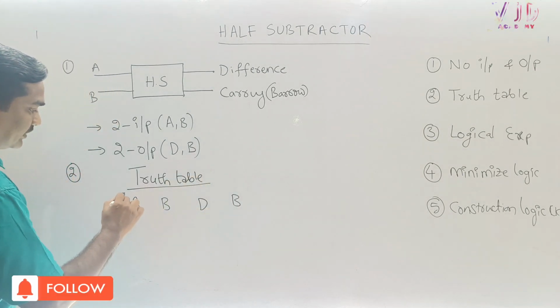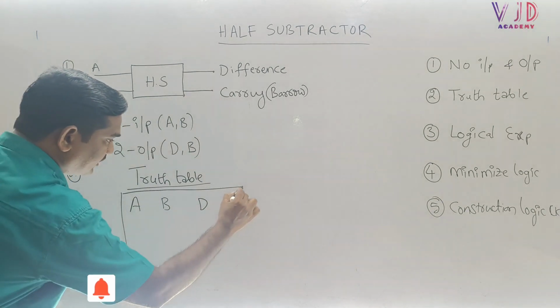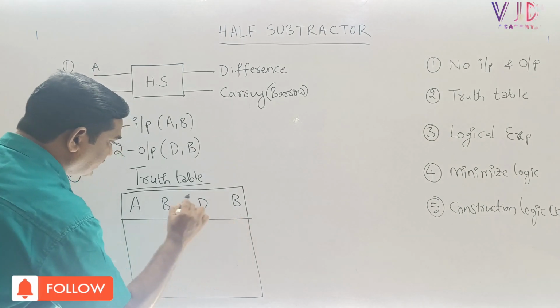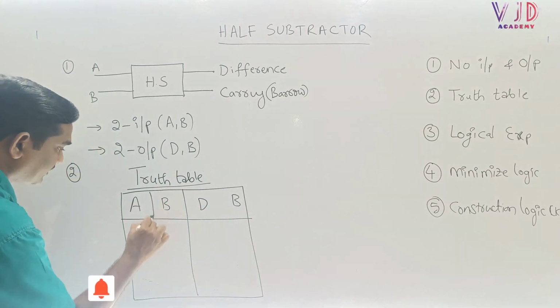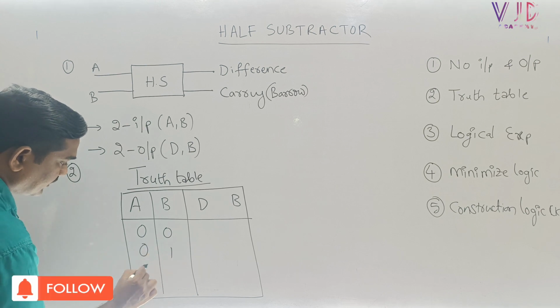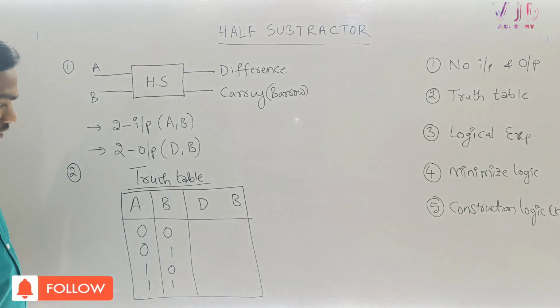We have 2 inputs, which means there are 4 combinations: 0 0, 0 1, 1 0, and finally 1 1.